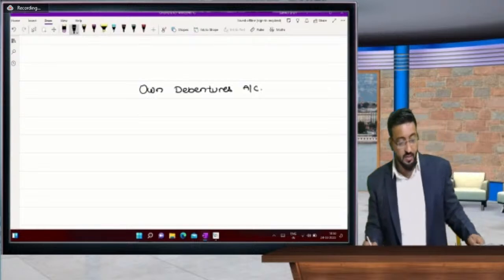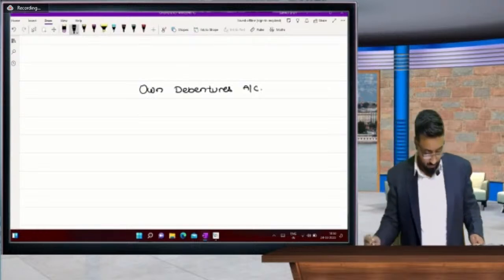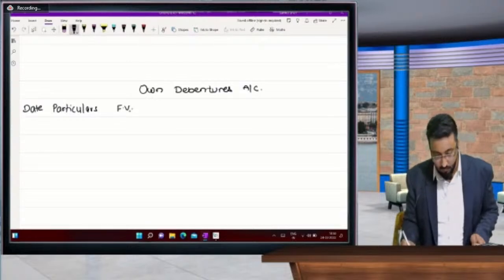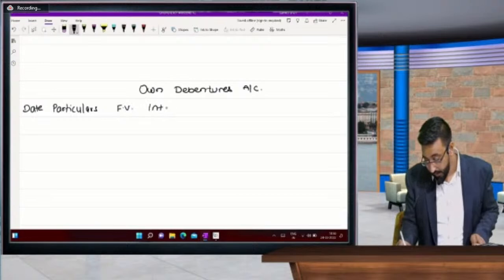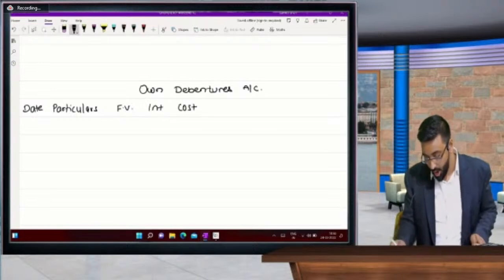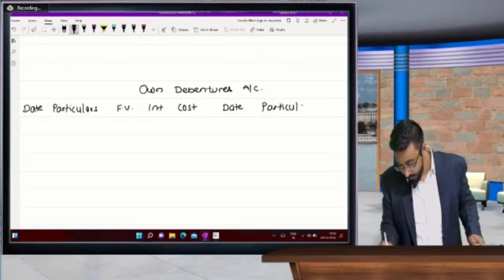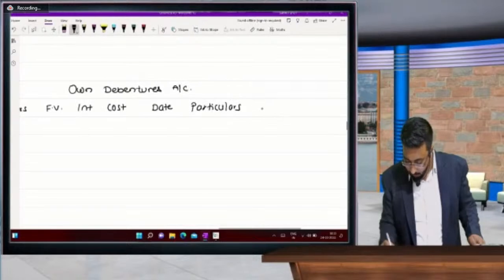Own debentures account. Date, particulars, face value, interest, cost. Date, particulars, face value, interest, cost.